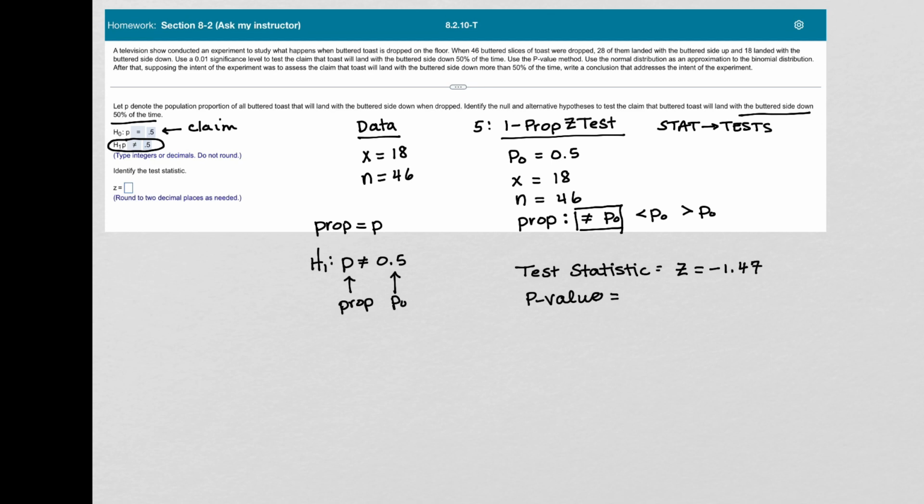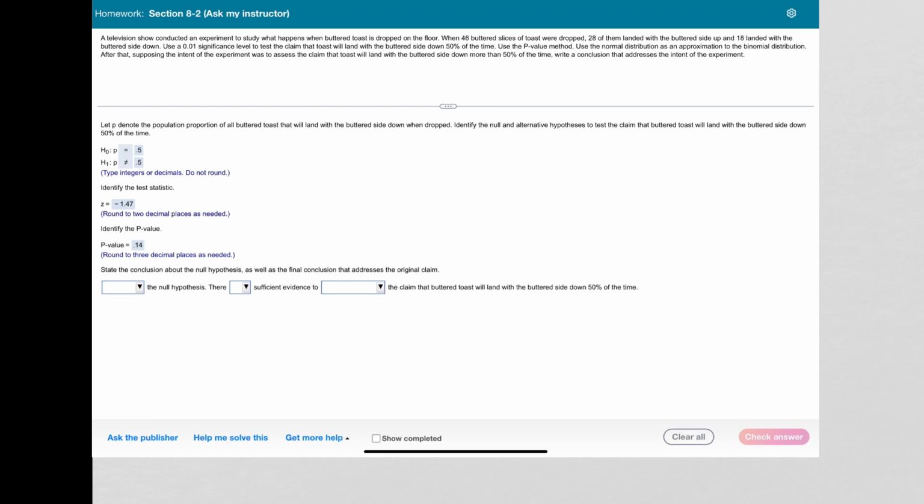And the p-value is 0.140. They ask you to round it to 3 places. So we put in our test statistic and our p-value. So now I have my test statistic and my p-value.